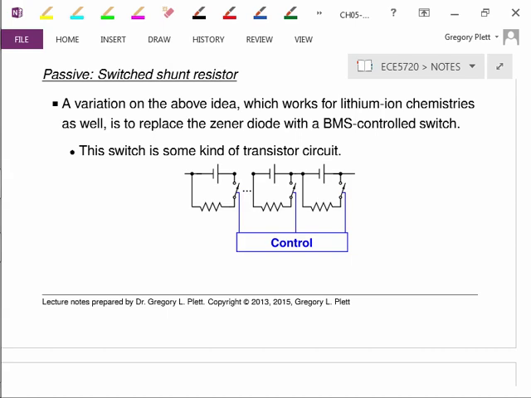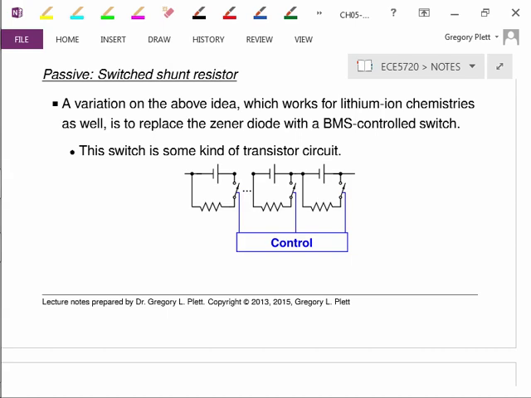So in some ways of thinking about it, you could say, well, this is an active balancing thing because I'm using a transistor, which is an active circuit, and I'm using control, which is an active decision. So fair enough, that is a valid argument. However, this is still called a passive balancing system in the literature, so I'm going to keep that convention and call it a passive balancer.